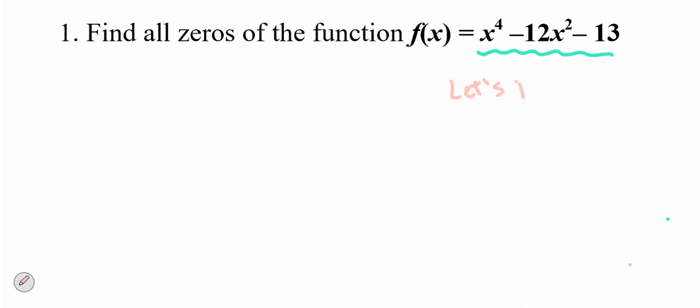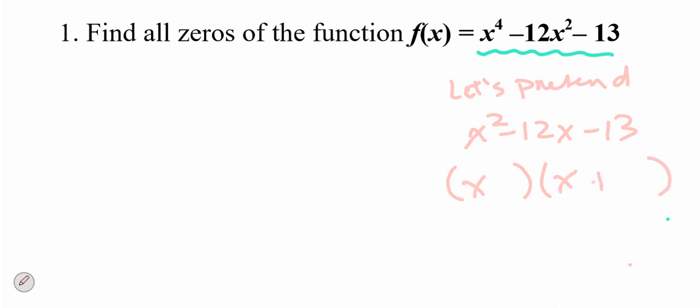We're going to pretend that this is x squared minus 12x minus 13, because that looks a lot like it, and it's a quadratic we can factor. We're going to use x, and a positive 13, and a minus 1. And I'm going to make sure that we are going, and we are.